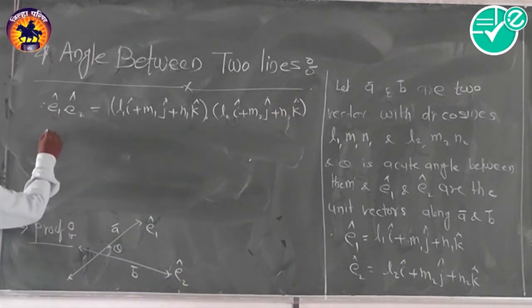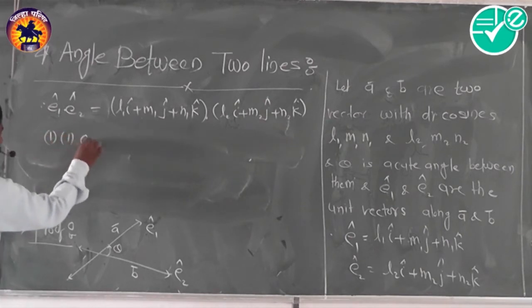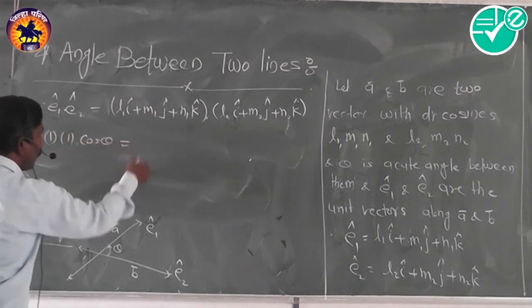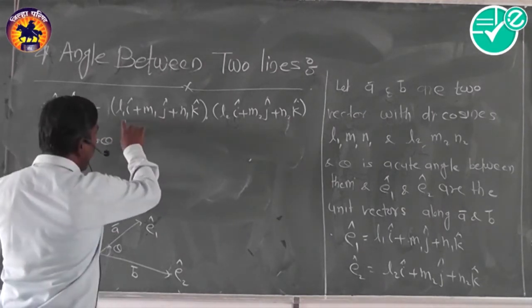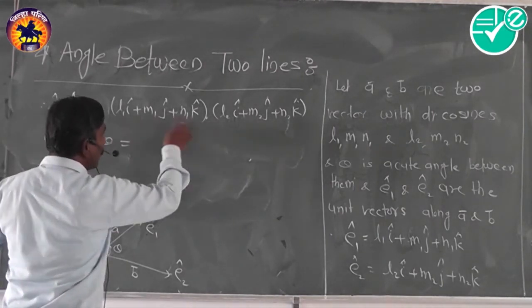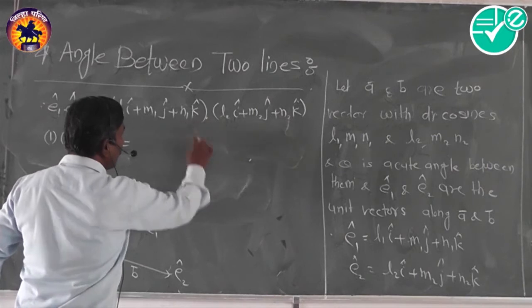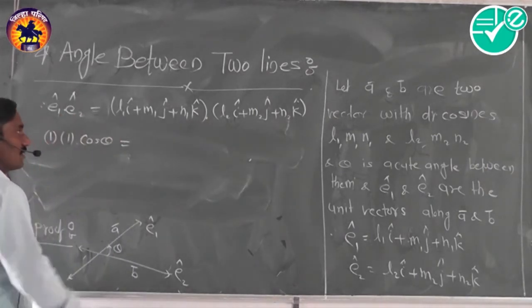So this is a dot product, and for unit vectors the dot product is cos theta, which is equal to I cap dot I cap, J cap dot J cap, and K cap dot K cap, whose value is 1.